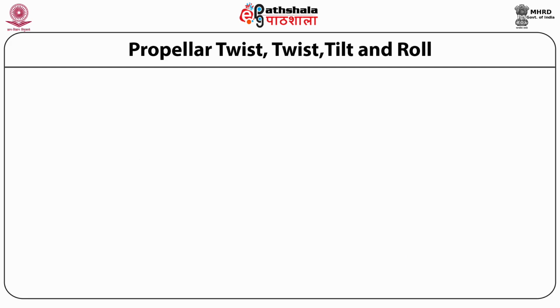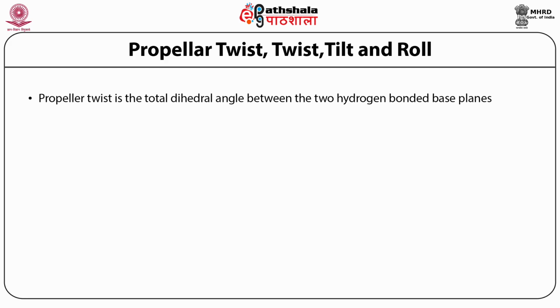What are those distortions? Propeller twist, twist, tilt, and roll. Drew and Dickerson defined propeller twist as the total dihedral angle between the two hydrogen bonded base pairs. It is not connected to the helix axis system we discussed.